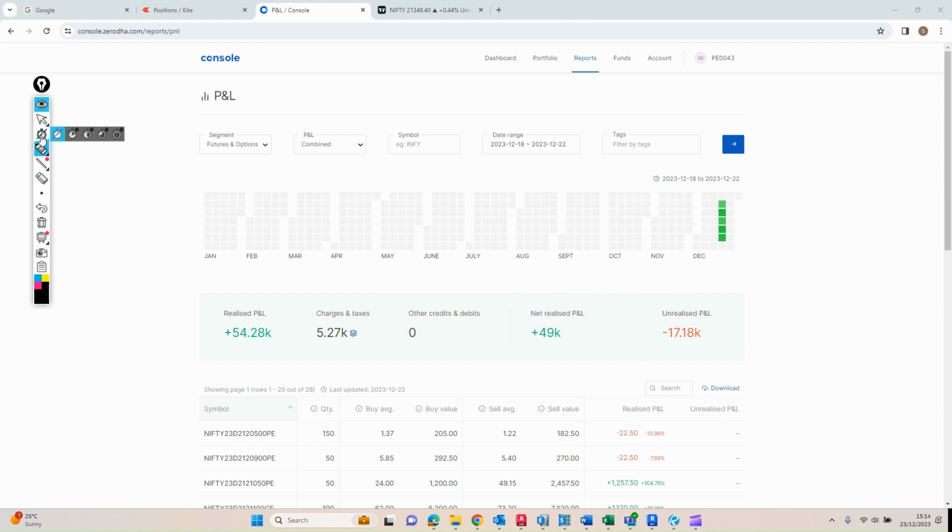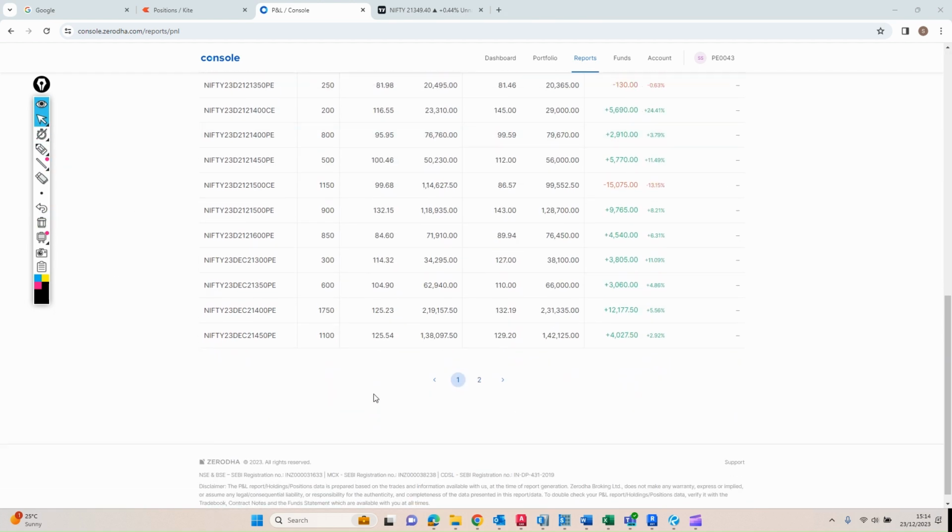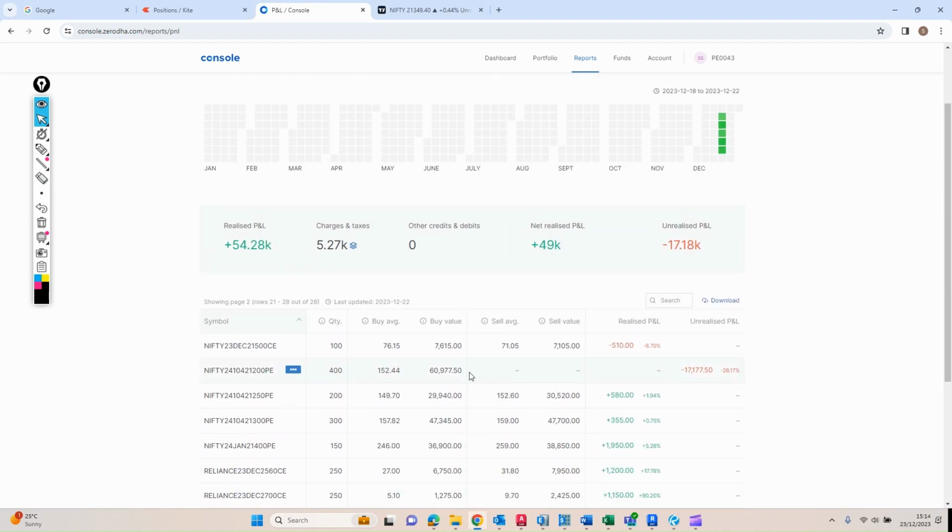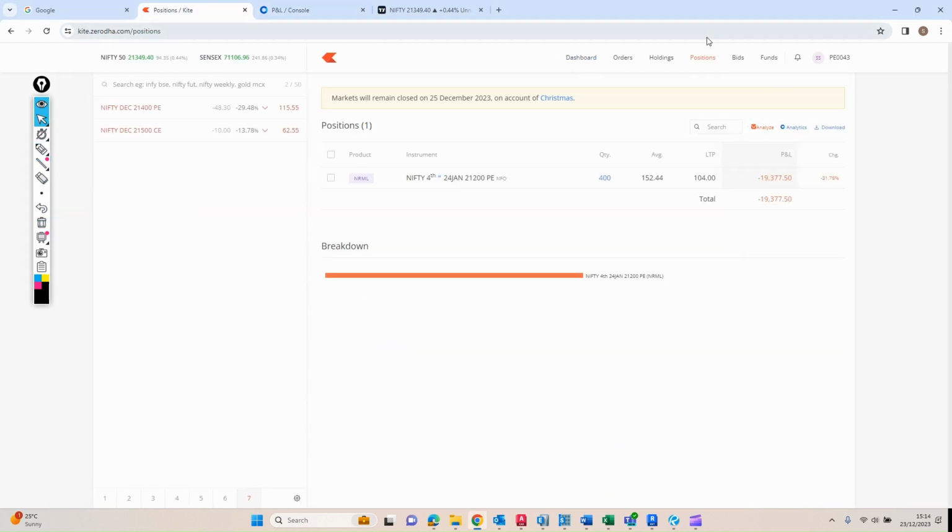And as of now, for the trade that I'm holding, if I go to the next page, this is the trade I'm holding for 21,200 PE. So overall, this is the loss, and that's it for this week. Let me show you the position that I have on the dashboard. Here, 21,200 PE is showing around 19,000 as a profit, but the adjusted price has come to around above 104.